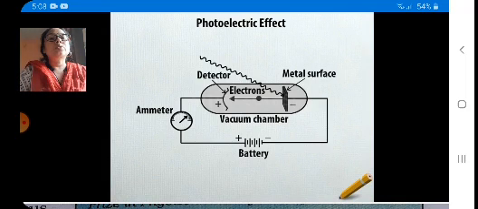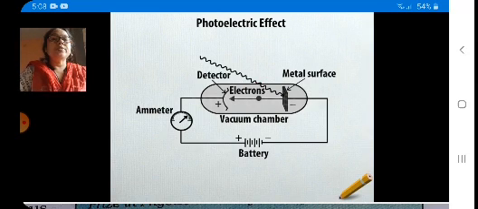Next to the detector, outside the vacuum chamber, there is an ammeter, and below the vacuum chamber there is a battery, one side connected to the ammeter, that is positively signed, and the other side negatively signed, connected to the metal surface with a wire.